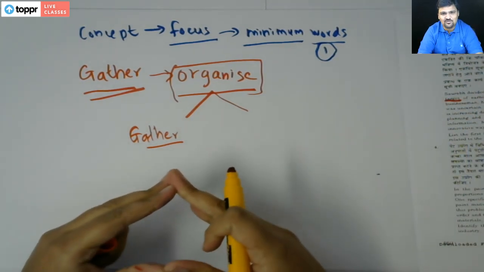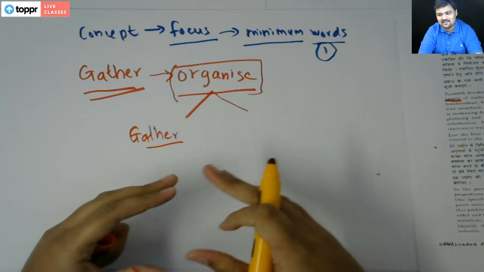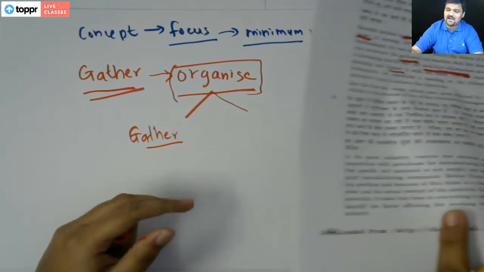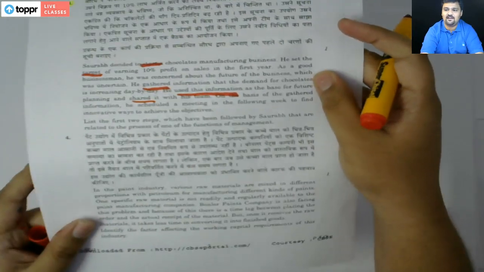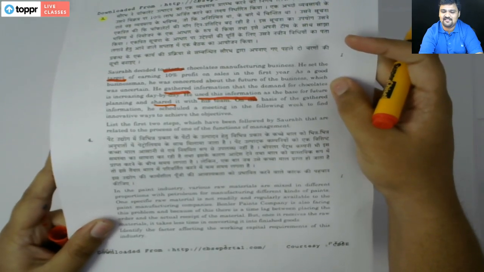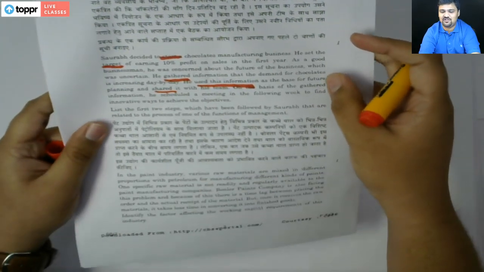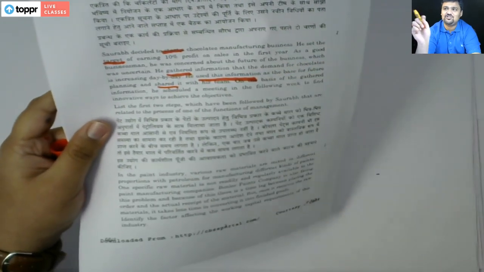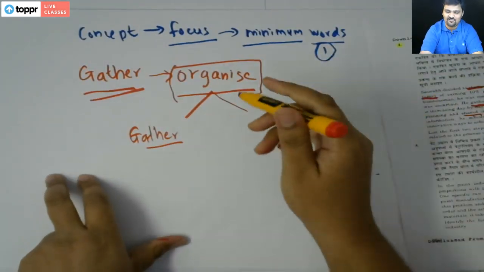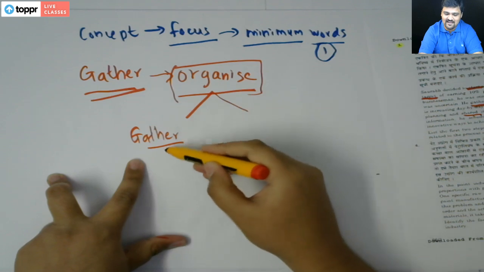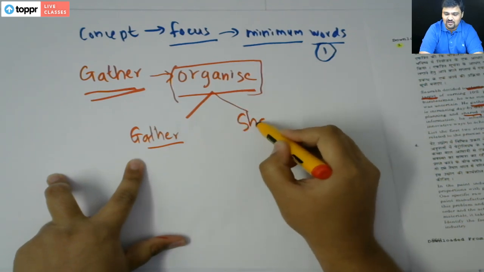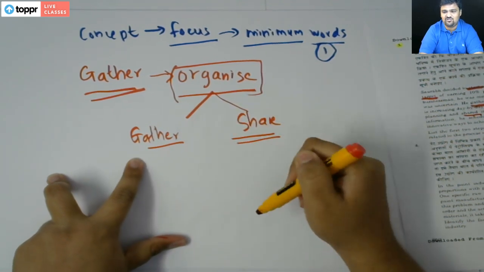And which one is the second step? Coming back to the keywords we have highlighted, this information was used and shared. So after gathering, we have the sharing of information.